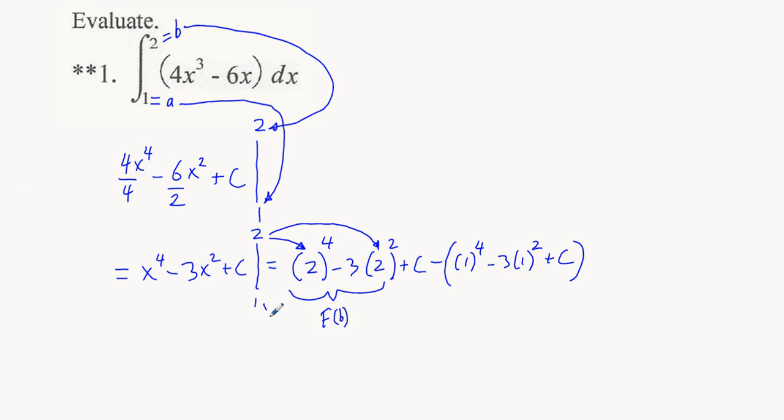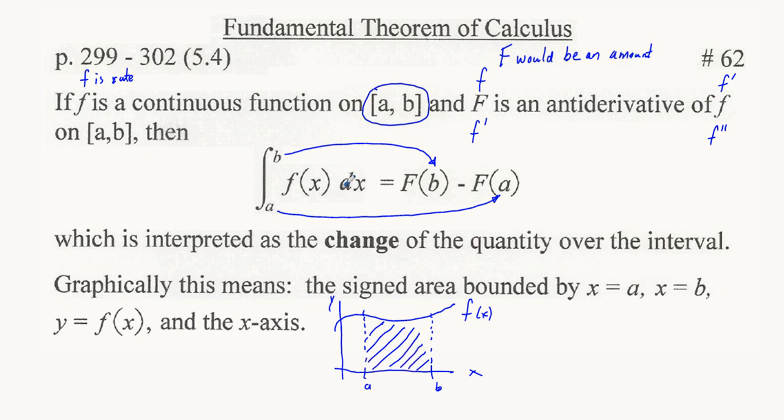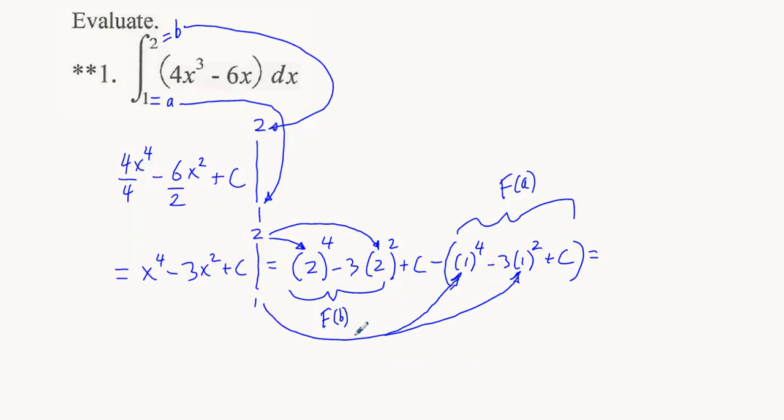And our 1 comes from this a value here, and also goes here. And just working to the right and simplifying, we have 2 to the 4th power, and by the way, this is big F of a. And so I hope this diagram demonstrates how we're making use of this concept here in the prior page.